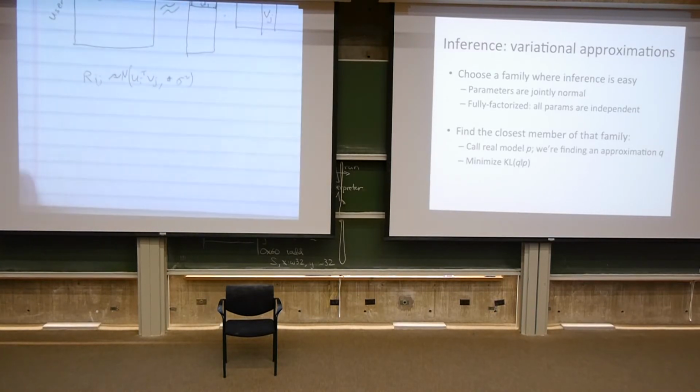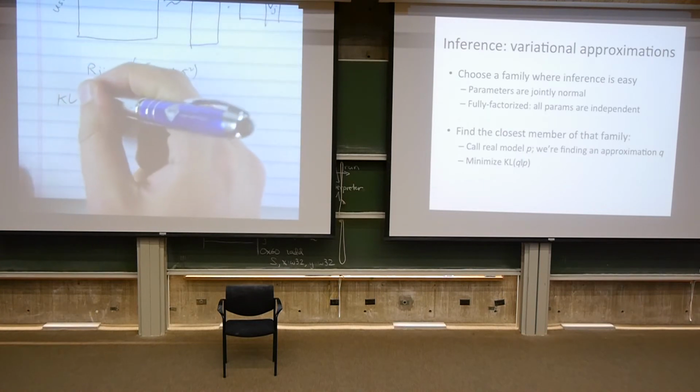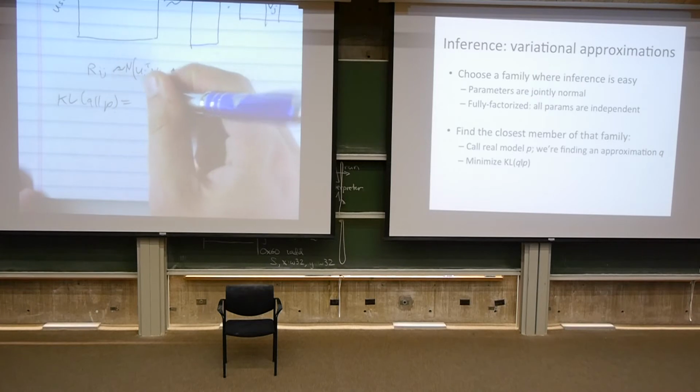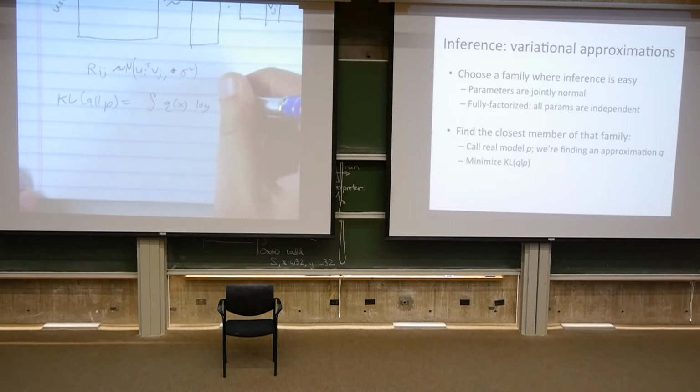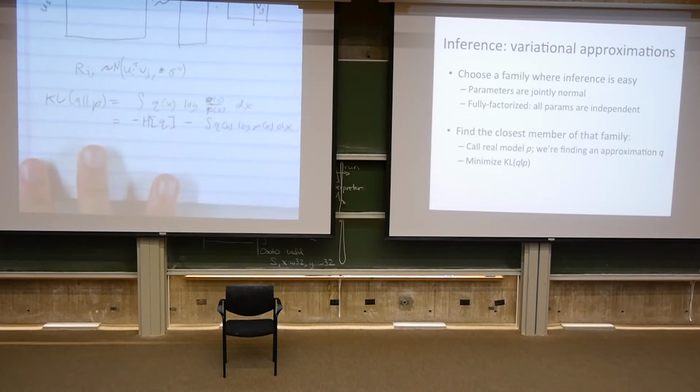So the reason for that is that KL Q from P is the integral of Q of X log Q of X over P of X, which is the negative entropy of Q minus the integral of Q of X log P of X. So typically we choose a family where we can get the entropy easily, and also where we can take expectations under it of the log likelihood easily.